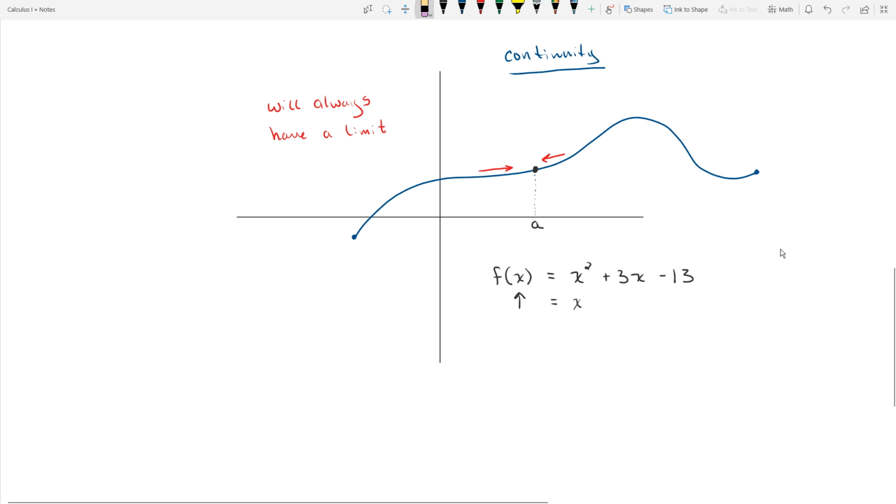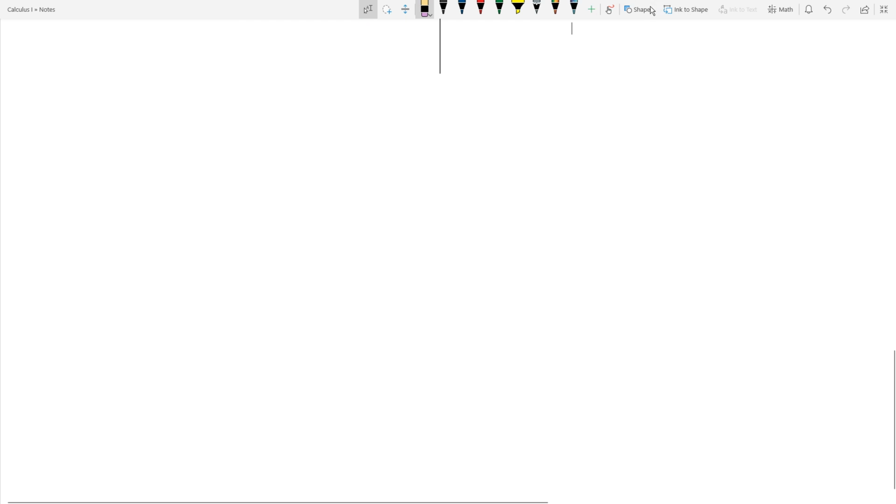So it has continuity, meaning the graph will never have jumps or holes. So let's look at a jump.